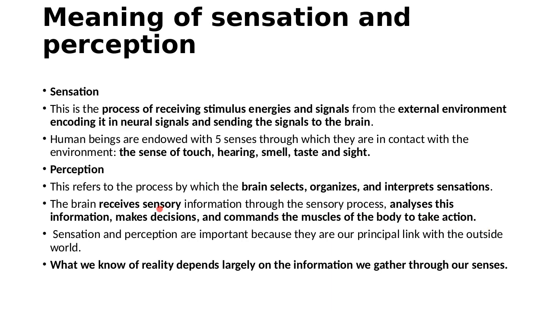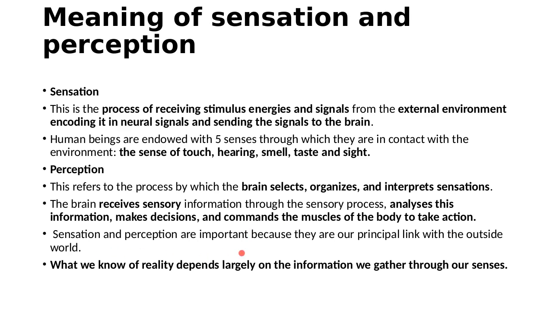So the brain receives sensory information through the sensory process, analyzes it, makes decisions, and commands the muscles of the body to action. It's not only the muscles. We also have organs. For example, if the heart needs to pump blood at a very fast rate, it needs the brain to send that signal for the muscles of the heart to contract faster, or even to relax if you need to relax.